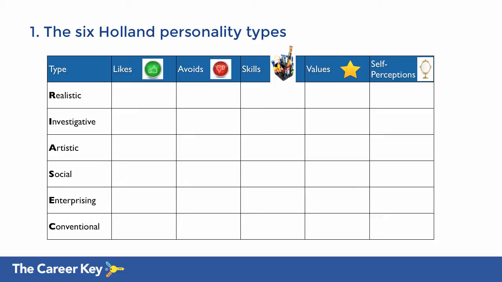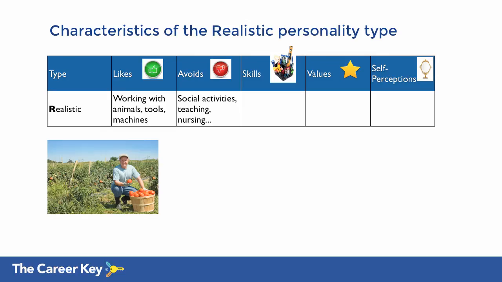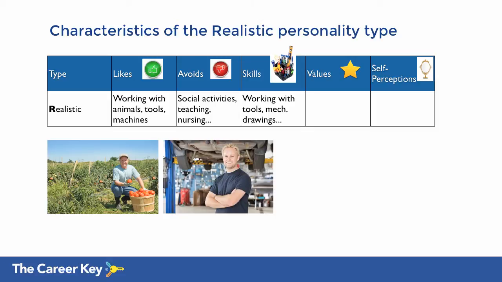Each type has characteristics that define it. Things that person likes to do or avoid, skills, values, and ways of seeing themselves. For example, people with a realistic personality type like to work with animals, tools, or machines. They avoid social activities like teaching, counseling, nursing, and informing others.